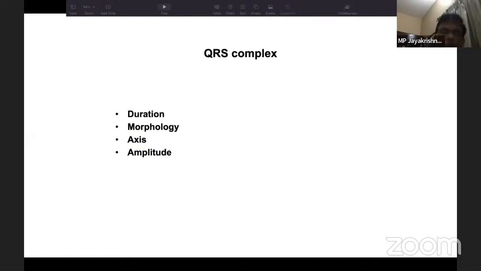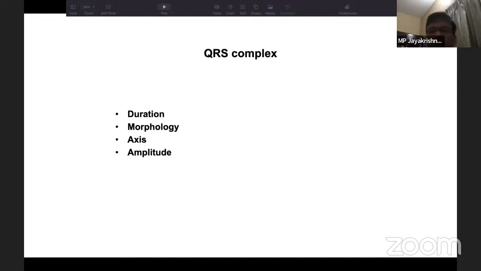So we have talked about P wave, PR interval, Q wave. Then you come to the QRS complex. So when you are asked to read an ECG, don't straight away go to the QRS complex and talk about the QRS axis. You need to actually look at all those things before this. We have reached QRS complex only now. So QRS complex, 4 things need to be looked at.